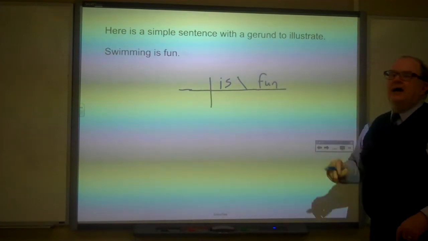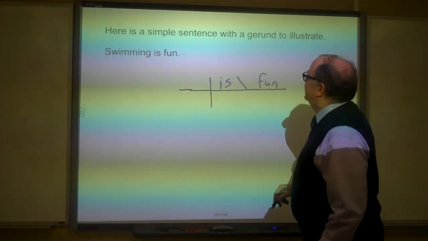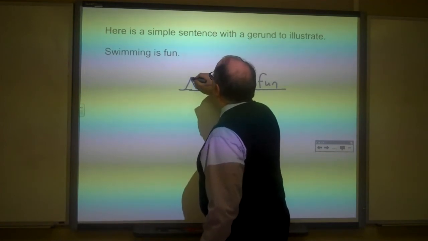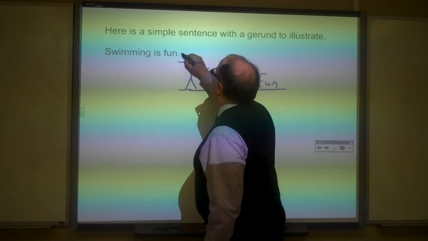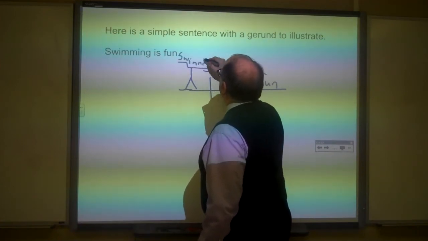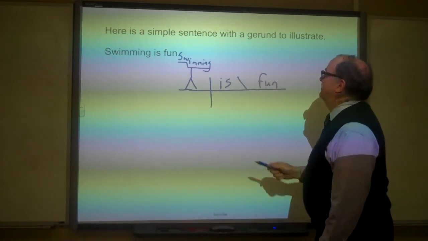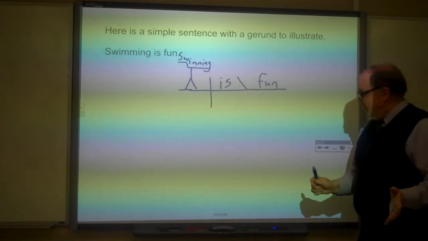Fun is a predicate nominative, and is is a linking verb, so it has that diagonal. And then swimming goes on the noun stand, like that. And then the gerund does have that little step in it as well. So that's how you diagram gerunds, basically.